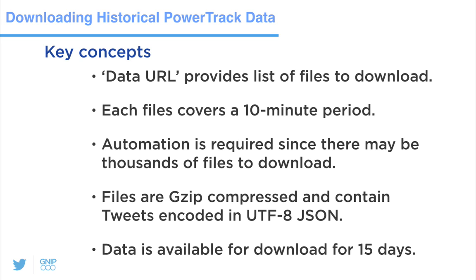Another key concept is that the files are gzip compressed and contain tweets encoded in UTF-8 JSON. And finally, the data is available for downloading for 15 days. This is very important to keep in mind. After those 15 days, the data set is deleted from the server.